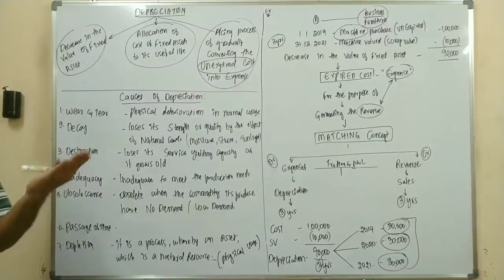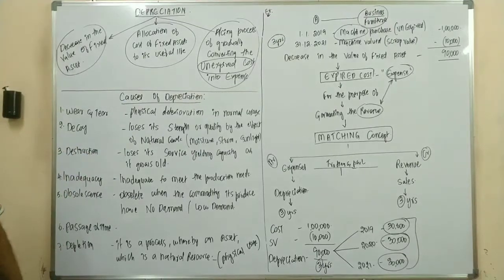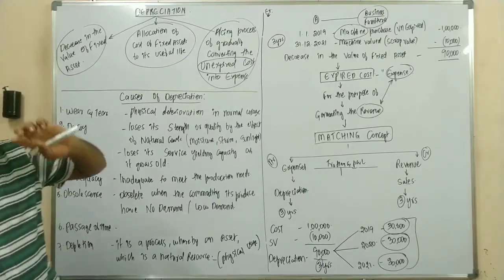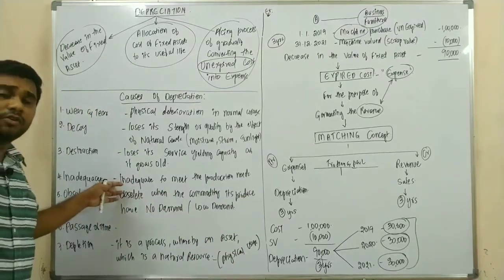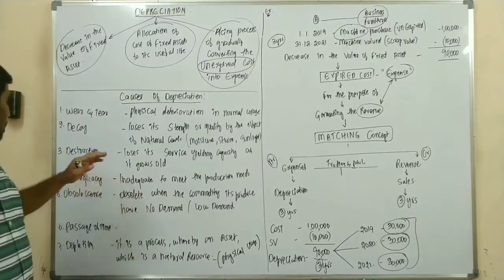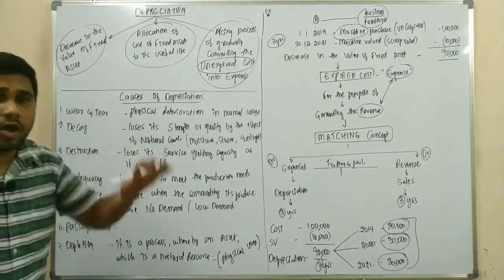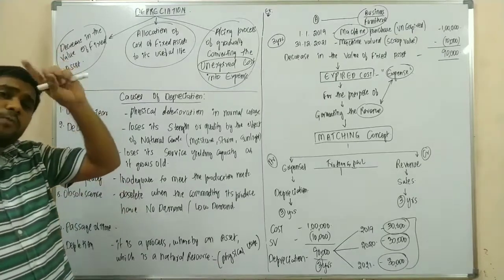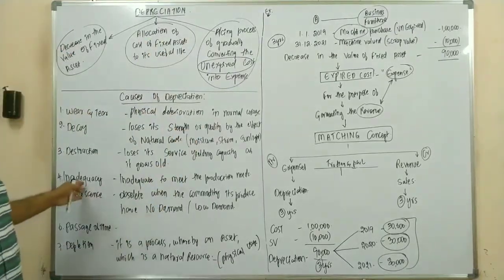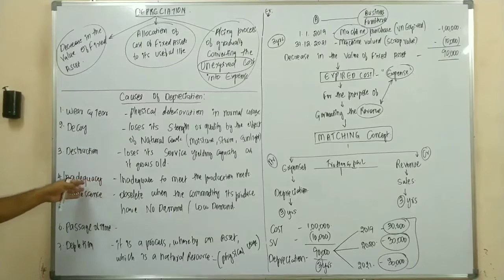So in that case, there is a difference of 5,000. Yes or no? So in that case, you need to replace that 5,000 units asset with a 10,000 units asset. Yes or no? So this replacing of a 5,000 units producing asset with a 10,000 units producing asset is nothing but your cause of inadequacy.